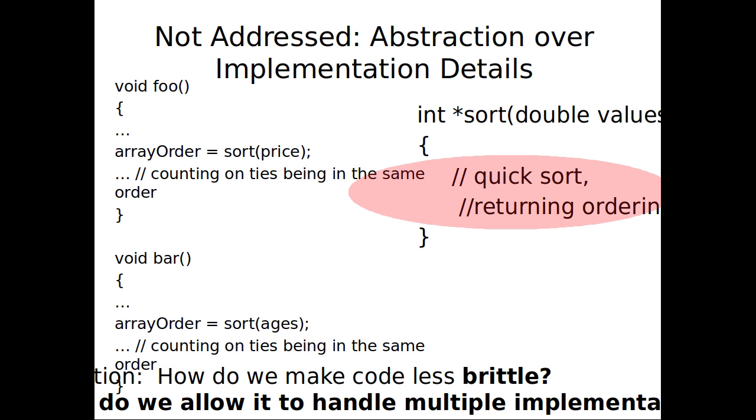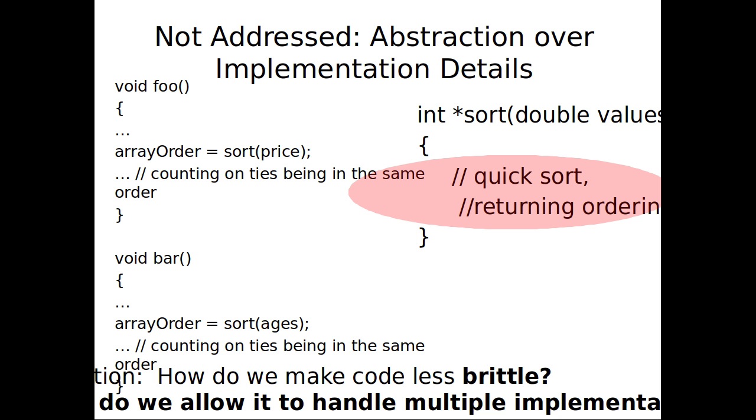And that's great. But for our needs today, that isn't enough, because there may be dependencies in this code as to the nature of what this sorting does. Maybe this code is counting on ties being in the same order.